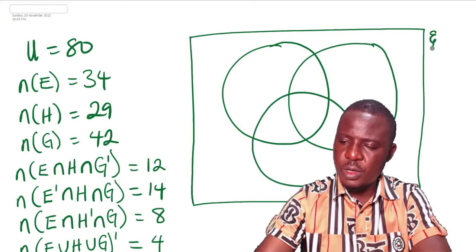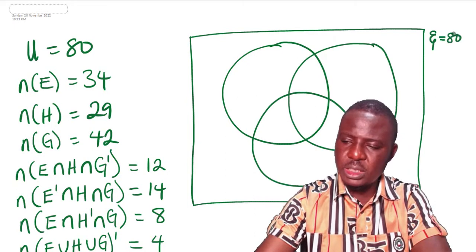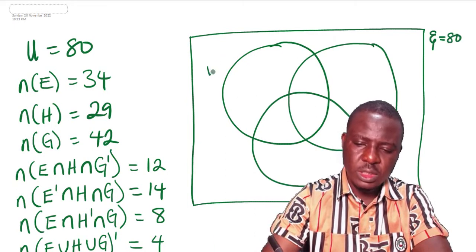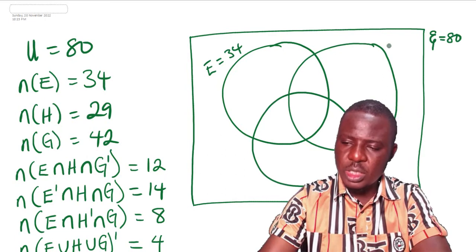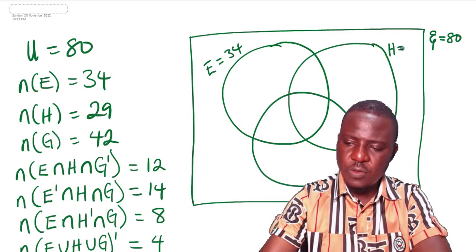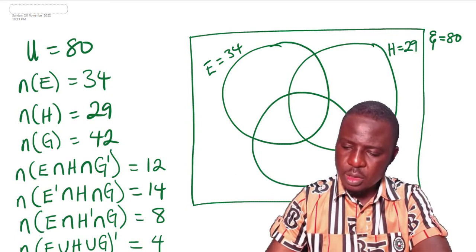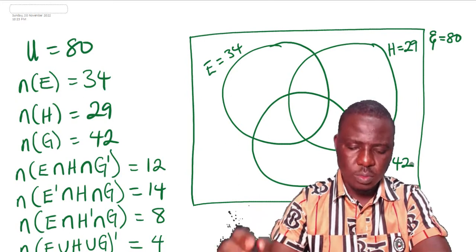So I'm going to get all the parameters. The universal set is 80, while this is English, and we are told that 34 students in total studied English, while that of history is 29, and geography is 42.